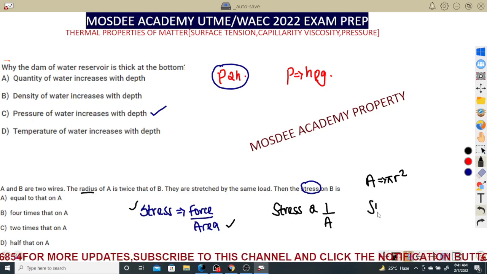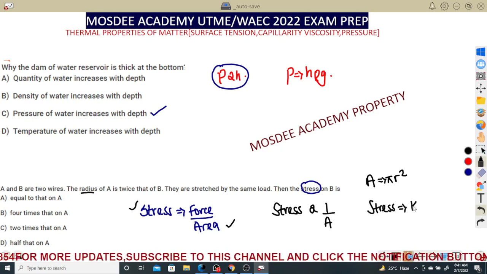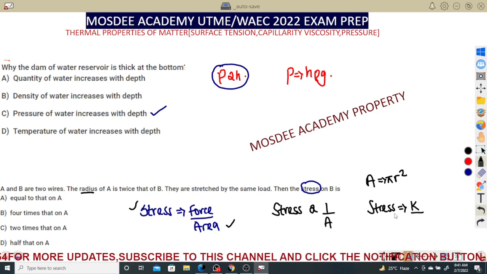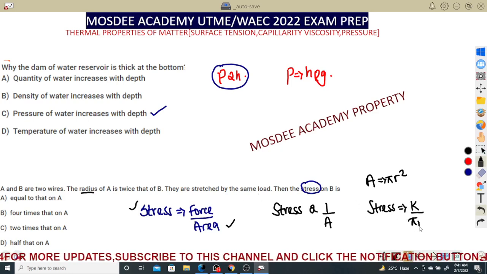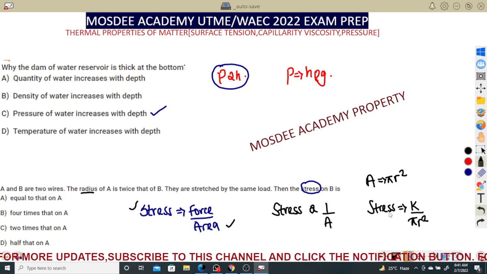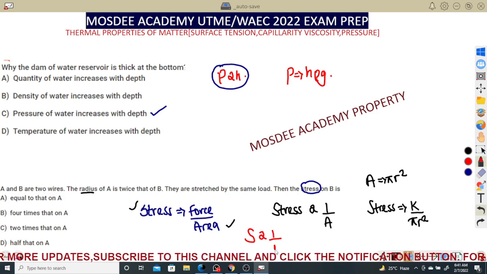So here you can say the stress of the wire is equal to a constant, the force, which is the load, is constant because it is the same load, over the area, which is now pi r squared. For simplification, stress is inversely proportional to the area. So what I'm saying, guys, is that stress is inversely proportional to the square of the radius.